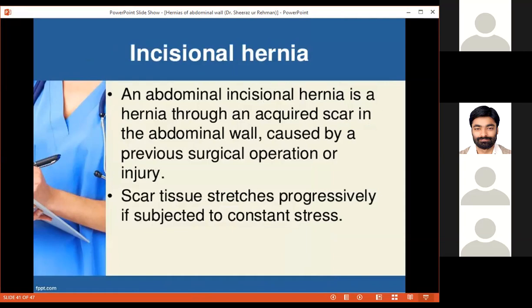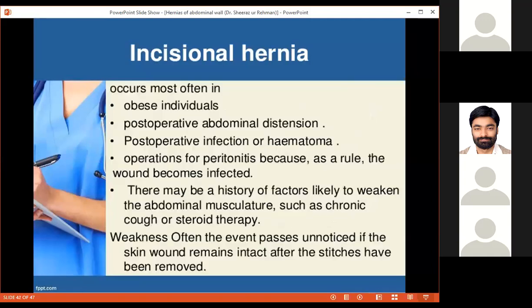So incisional hernias, by and large, are hernias which occur through an acquired scar, and the scar stretches progressively if the patient has constant stress. These stresses are coughing, straining, infection, and weight gain.